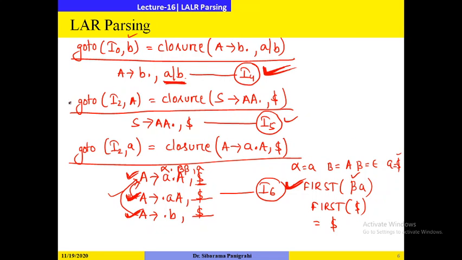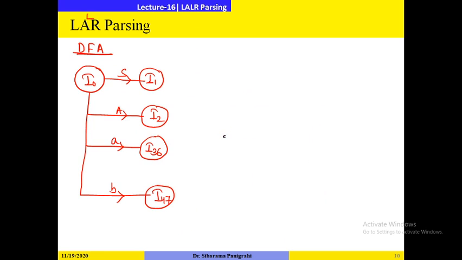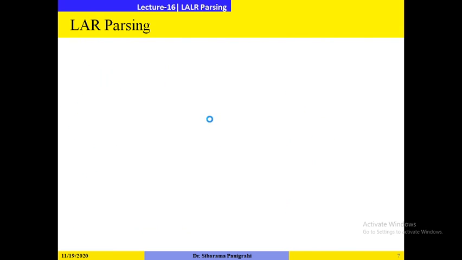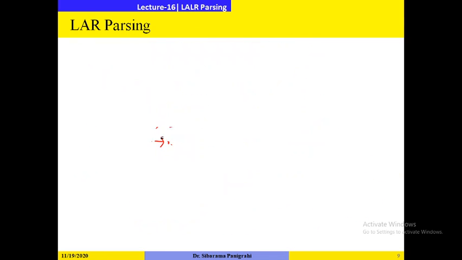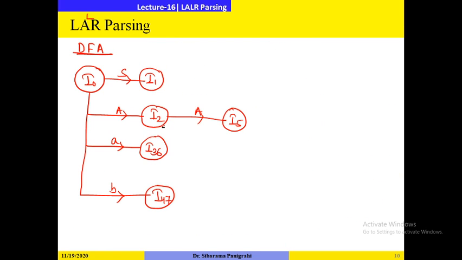Now I2. I2 by taking A as input goes to I5. I2 by taking small a as input goes to I6.